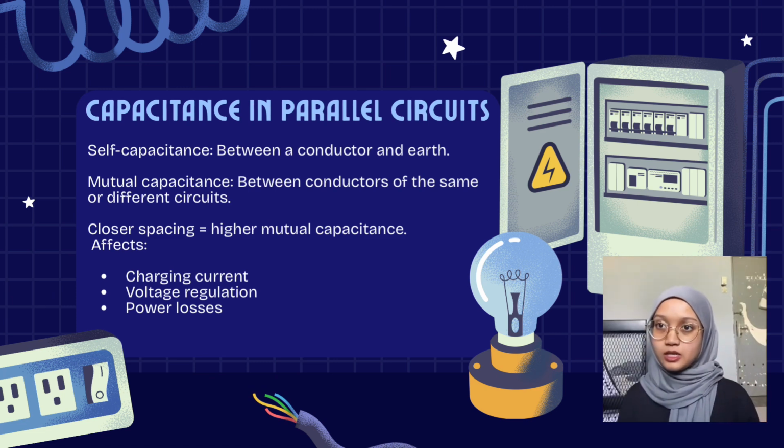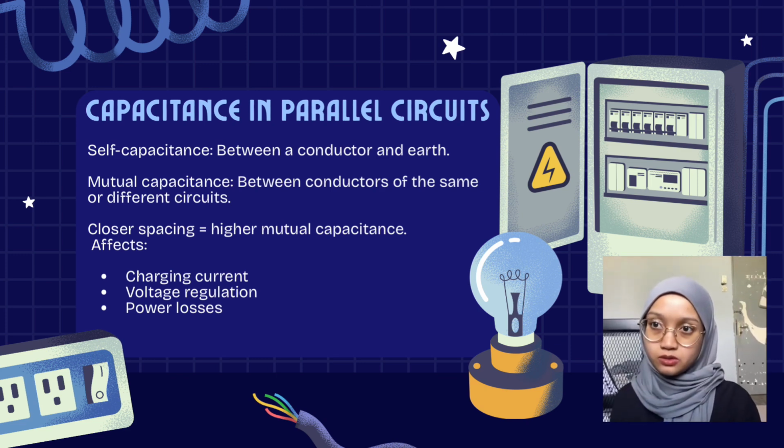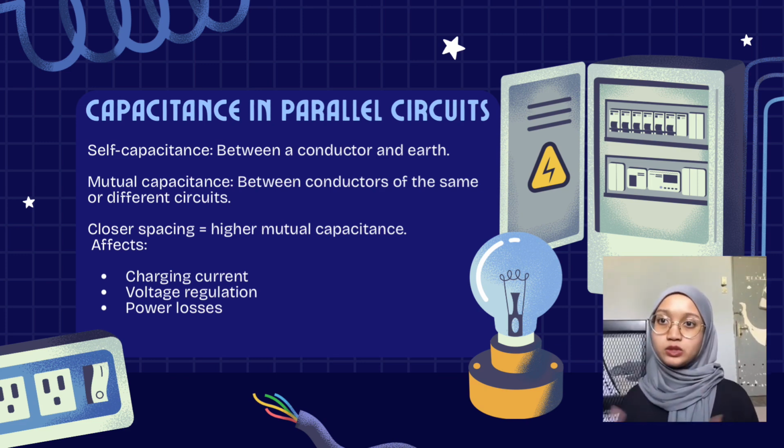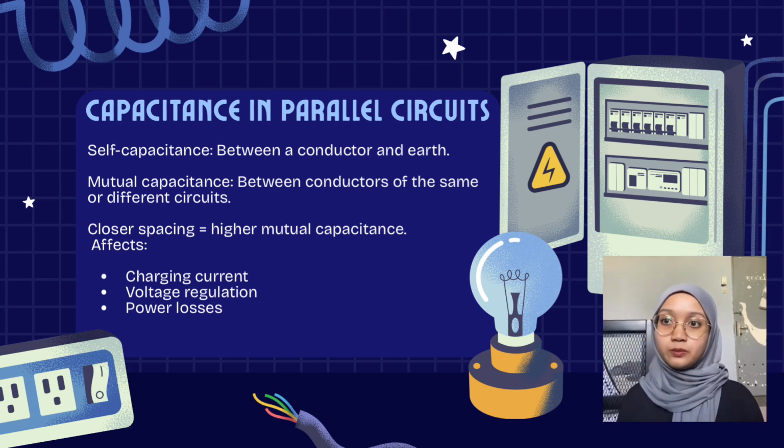Okay, next let's move on to capacitance in transmission lines. First we have self-capacitance, which is the capacitance between a conductor and the earth. It depends on the height of the conductor above the ground. Next is mutual capacitance, which exists between conductors, either within the same circuit or between different circuits. When conductors are placed close together, mutual capacitance increases.